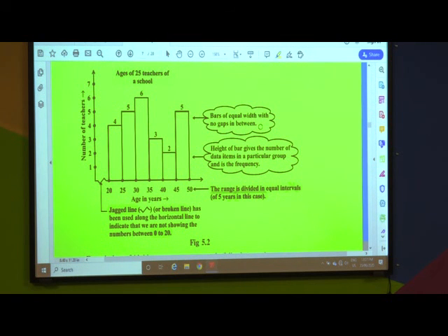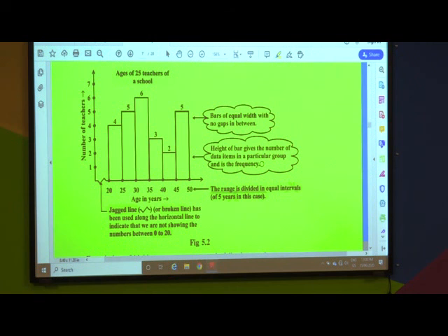What we have studied just now is that a histogram means a bar graph without gaps between the bars, and the bars are of equal width. That is very important. And what about height? The height of the bar gives the number of data items in a particular group and is the frequency. They are explaining the same thing.